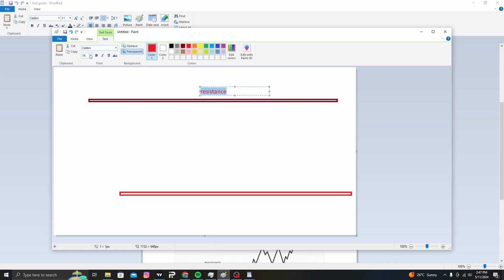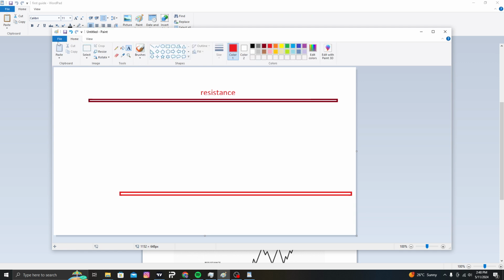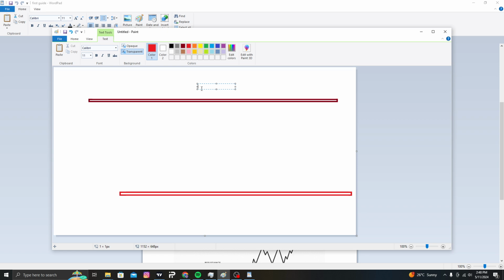Let me grow it to like 30. What is this paint thing doing, man? It's messing up my course, man. I want to use a bigger size, guys. Don't be confused. This is your resistance. I want you guys to see it.